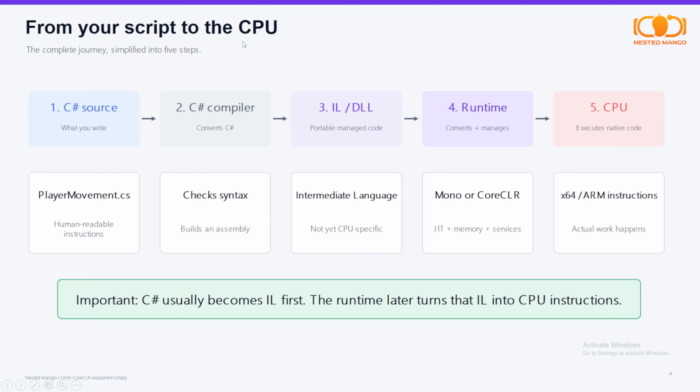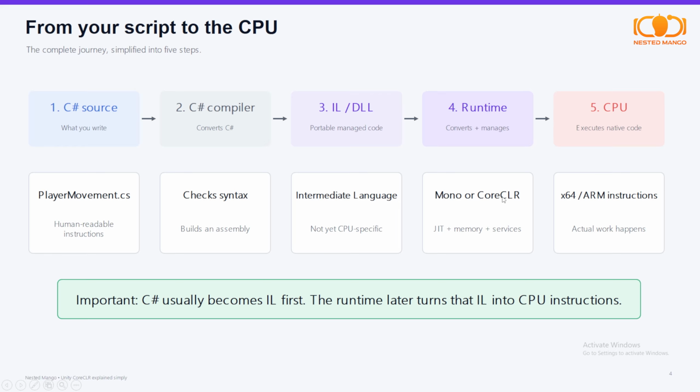So let's talk about your script going to the CPU. You have the C#, and the compiler converts the C# into IL. This process is the same, and earlier we were using what was called Mono. We write the code, we convert it into IL, then at runtime we were using Mono. But now we are going to use Core CLR.